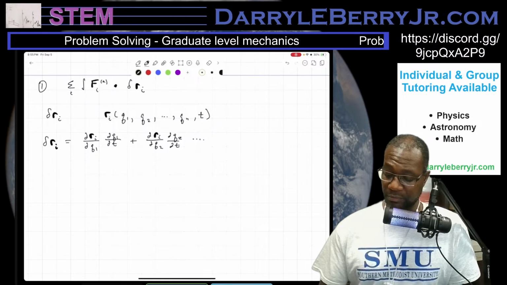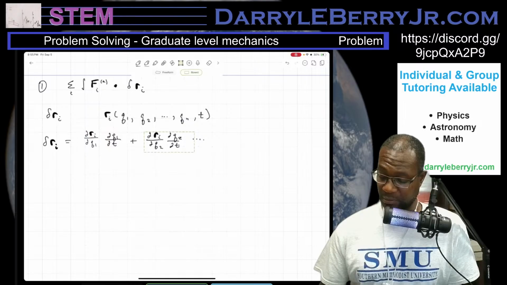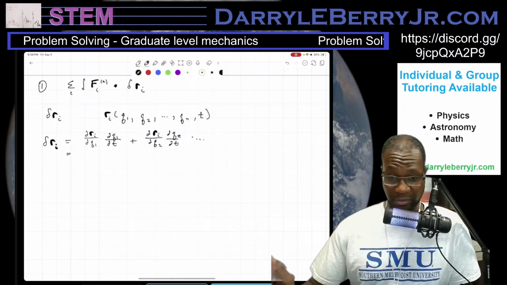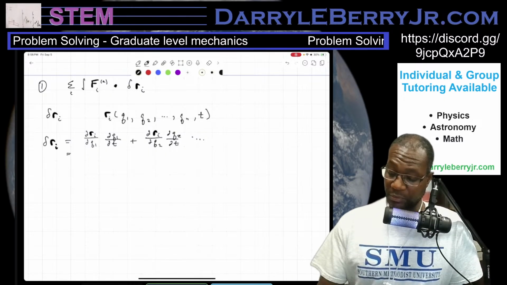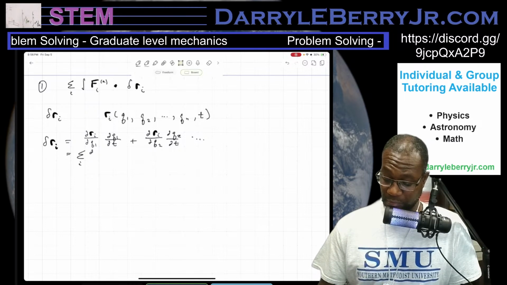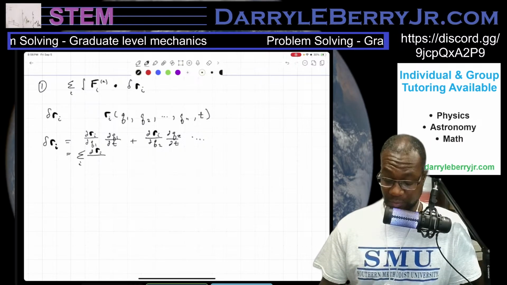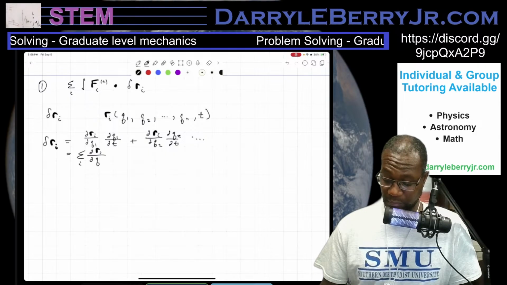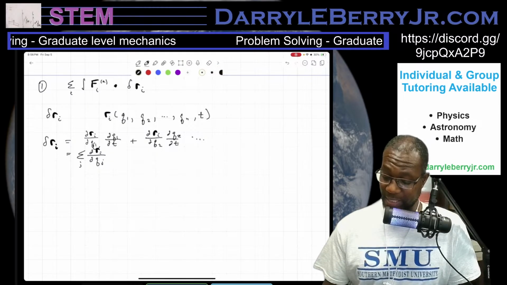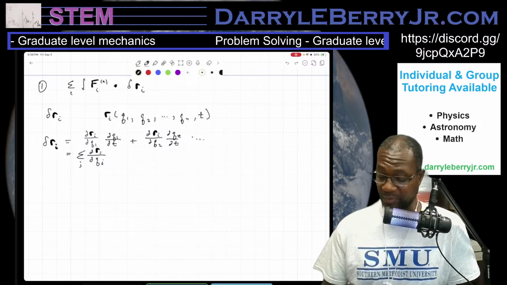I know that it reduces to, let me make some more space here. It continues going out. This reduces to a summation over j of partial r_i over partial q_j. The idea is that each of these series of numbers, however many we have, we're just going to call j and sum over them with the summation.